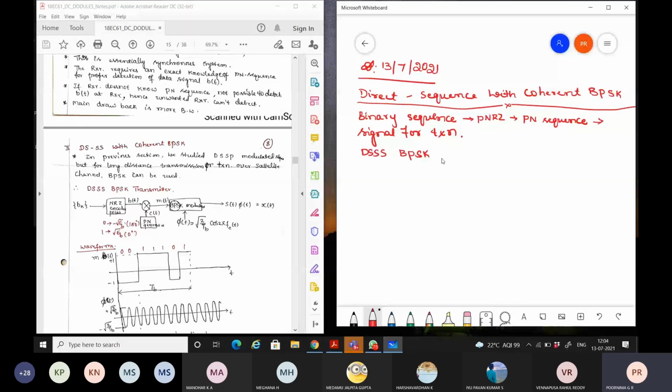First let us see. In this, as usual, our binary sequence b of k will be passed through a non-return to zero polar encoding technique.